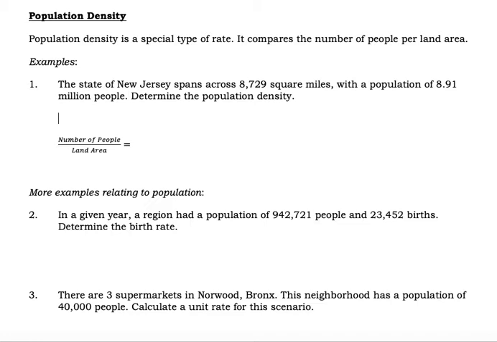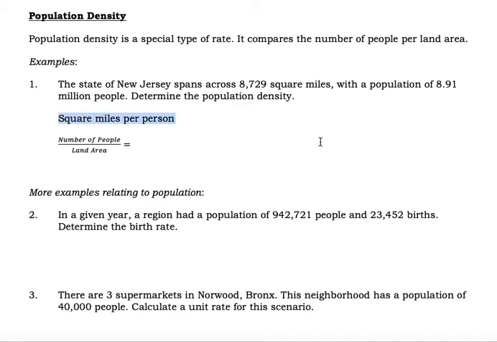For example, if you try dividing land area by people, you'll end up with a certain number of square miles per person. And that just conceptually doesn't make any sense. That's not telling me anything.